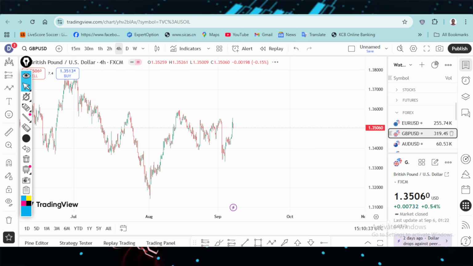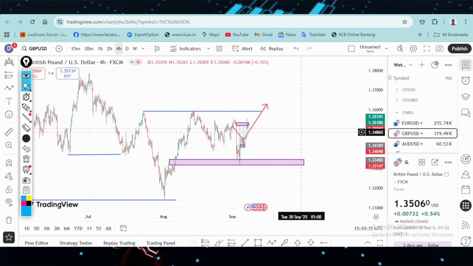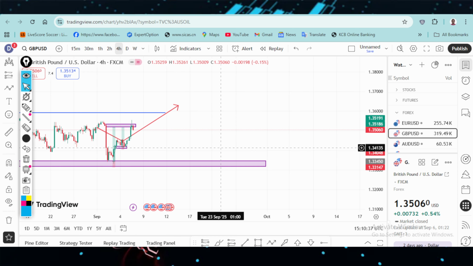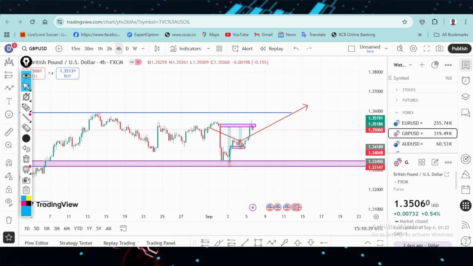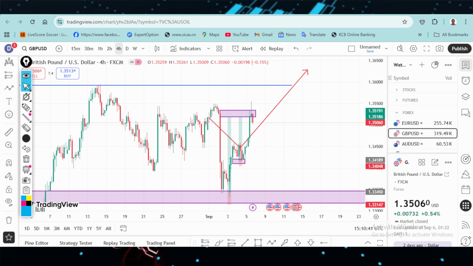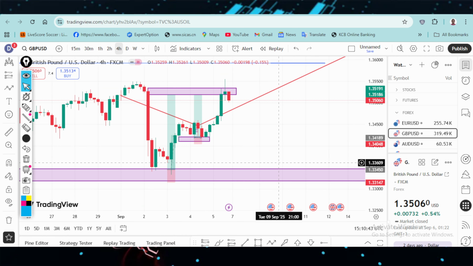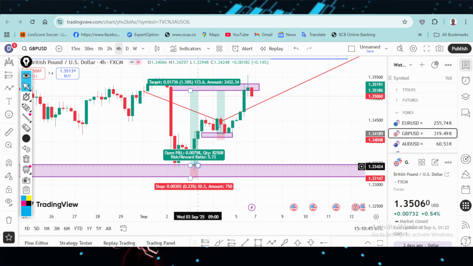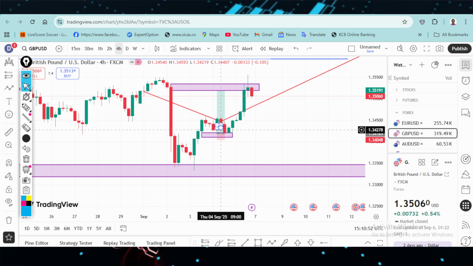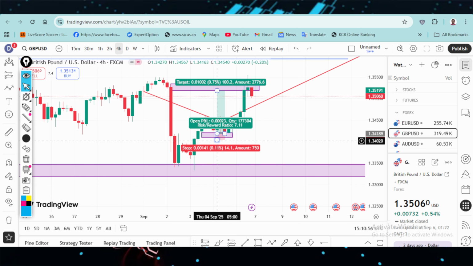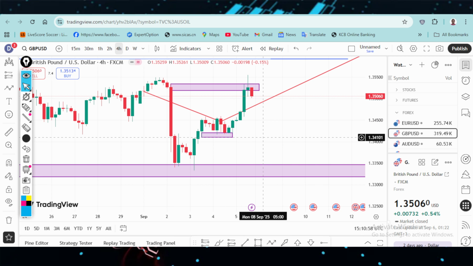GBP/USD. If you remember last time we talked about this area where it will reach. See, I had a trade from here. I told you about this trade last time and it was already hit. Another trade here was already hit and was taken out in profit.